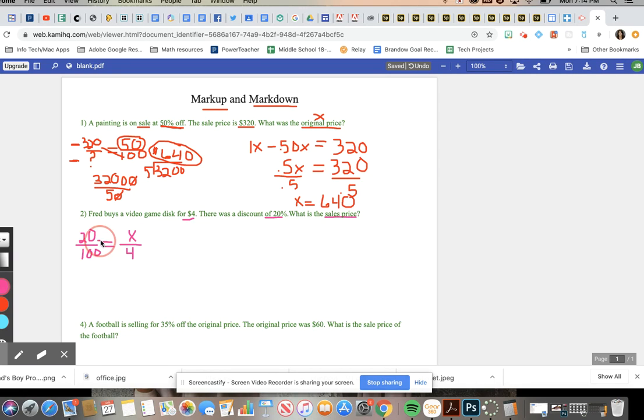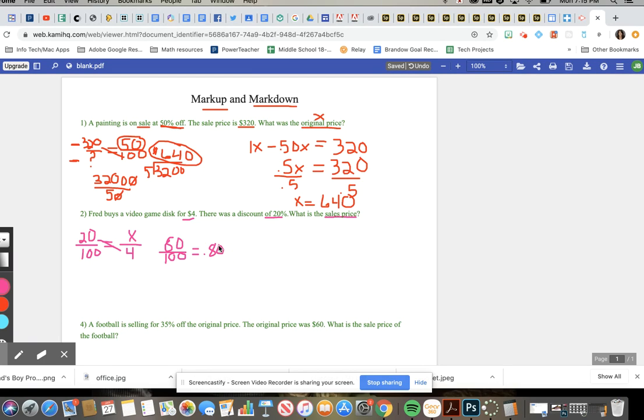So let's multiply across here. 20 times 4 is 80. And then divide it by what I have left, which is the 100. Okay, and 80 divided by 100 is 0.8 or 80 cents.